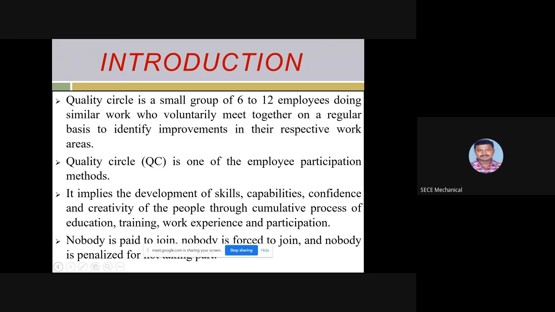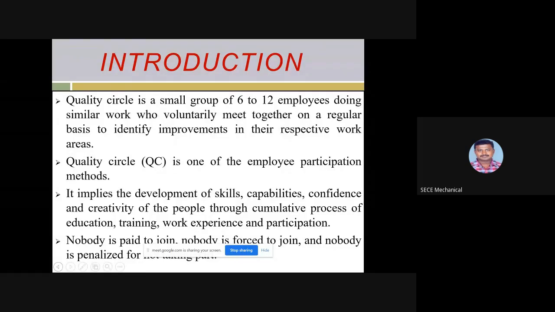In a quality circle, how many members are there? Maybe 6 to 12 members in the same work area, doing similar kinds of work, and they should meet regularly to solve the problems. So these are some of the criteria of quality circles.